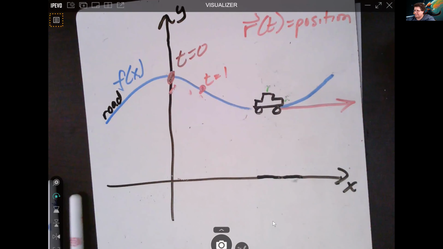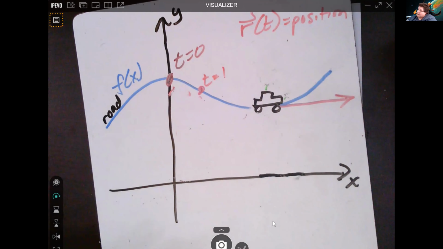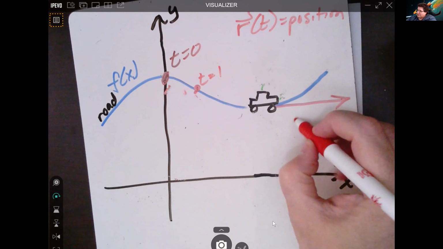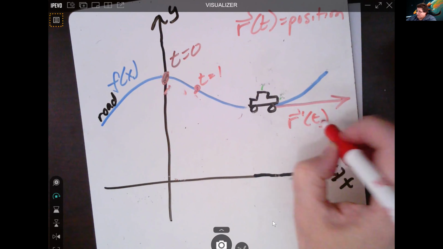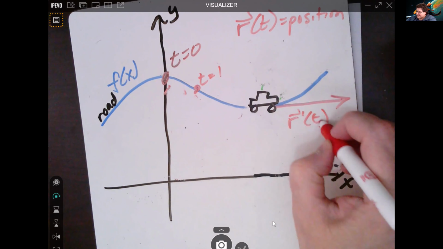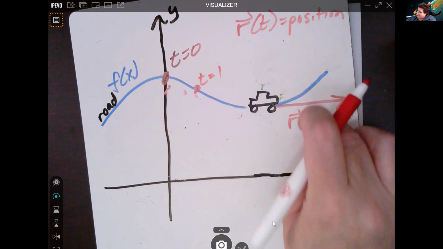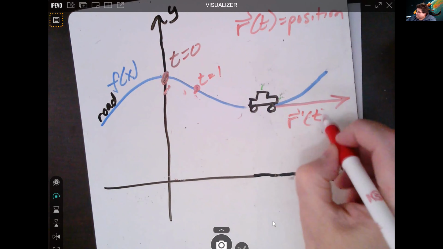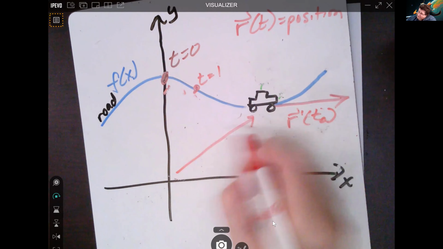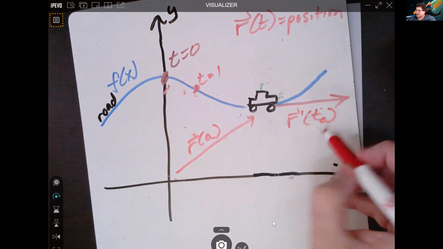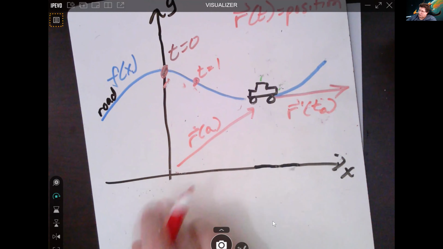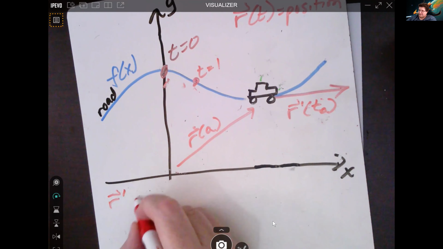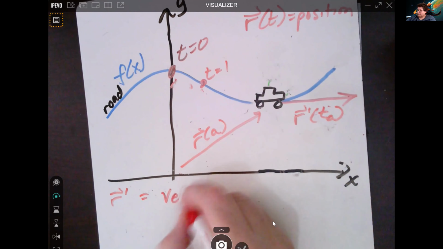Now, by using R of t and calculating R prime of t, we can get this vector right here, which is kind of useful. We calculate it at whatever time this is, t naught, I'll say t A. So this would be R of A. Calculating this gives us, from our car's perspective, R prime, which is a velocity vector.